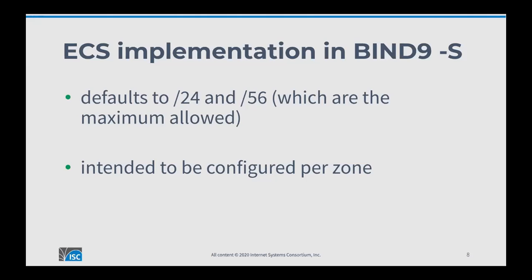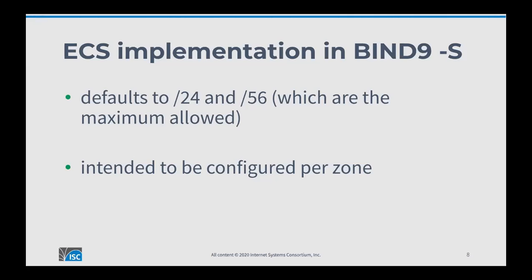There are lots of privacy considerations. If I know things about your DNS queries, then I can sort of figure out things about you or your customers or your clients. ECS is adding to that. If I have access to your DNS queries already, then ECS is adding some more data to that. So it's an additional privacy concern. And note that this is intended to be configured per zone.